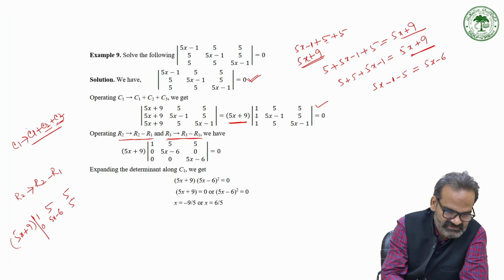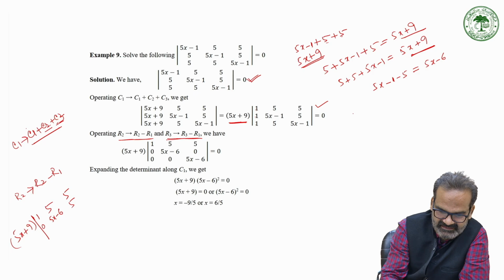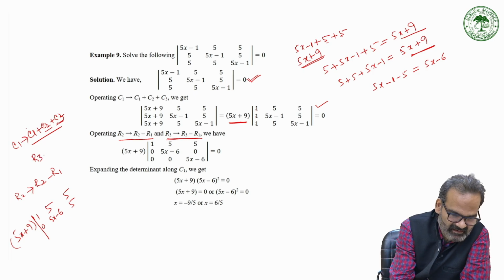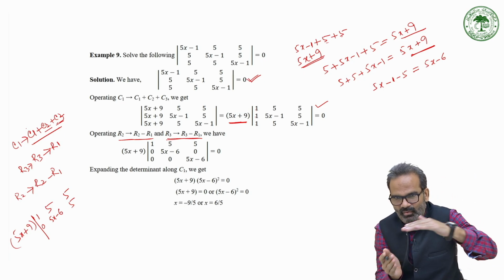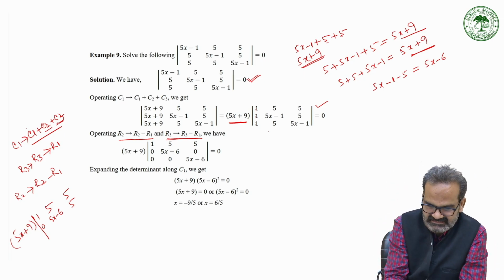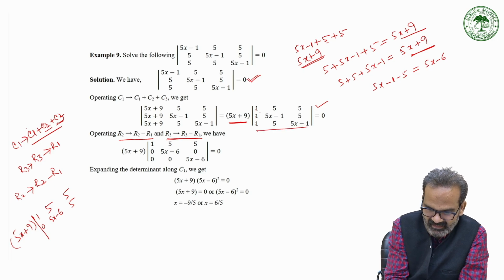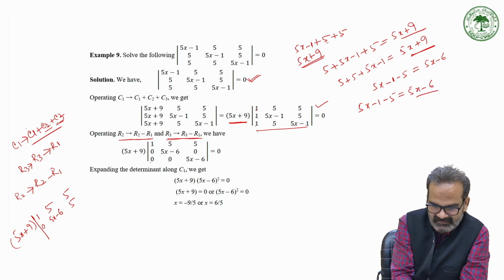Similarly, we can use the second operation, that is R3 minus R1. We are using the operation on the whole row, right? This is our R3 and this is our R1. So 1 minus 1 we will get 0, 5 minus 5 we will get 0, 5x minus 1 minus 5 we will get 5x minus 6.